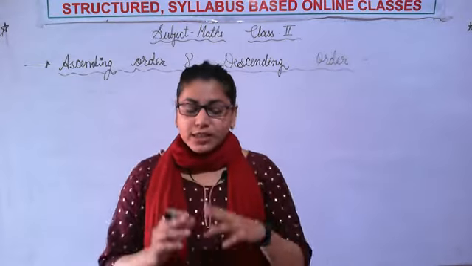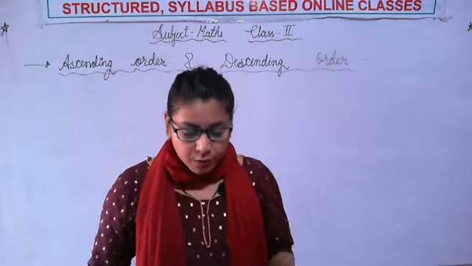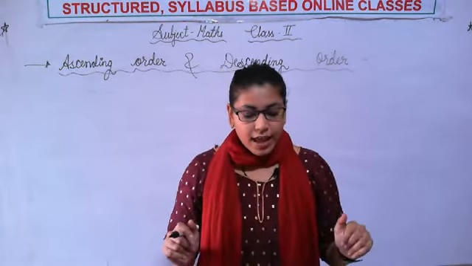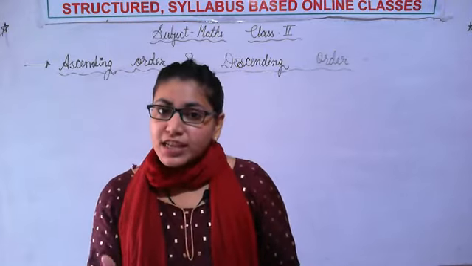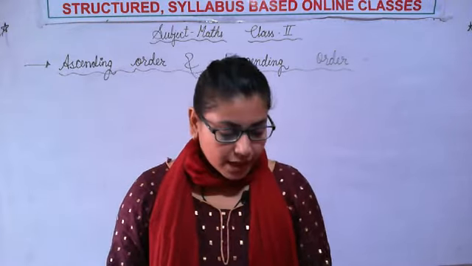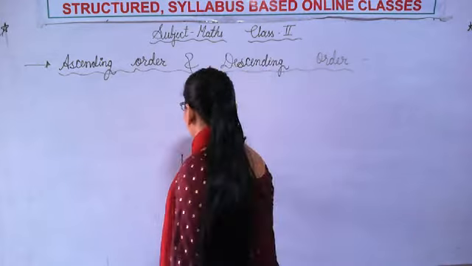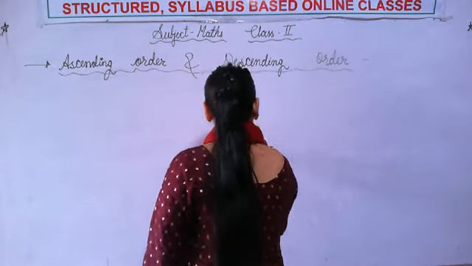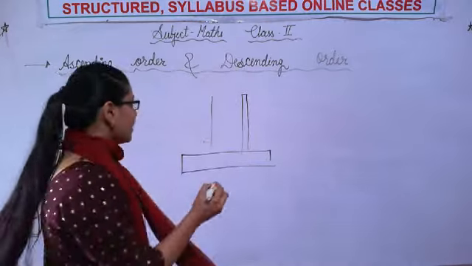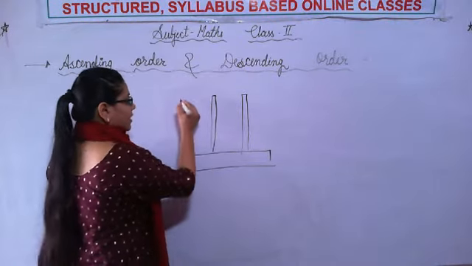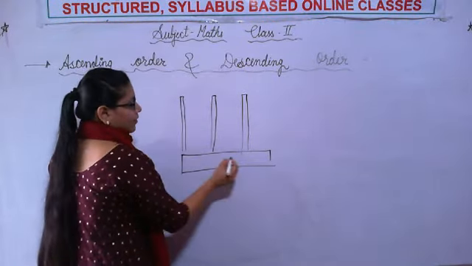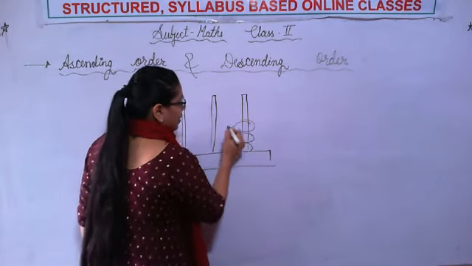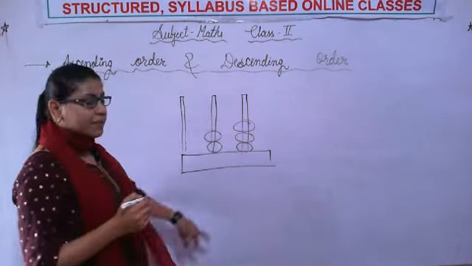What you need is just a cardboard or thermocol board and some rings. As we see, this is our abacus. These are the spikes of the abacus, and we show numbers by these beads.